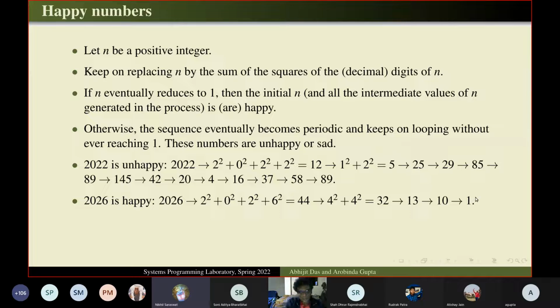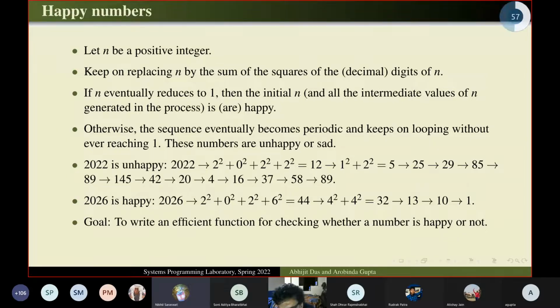So now what I want to do is write an efficient function for checking whether a number is happy or not. This is just a small toy example, but it will illustrate that something may go horribly wrong if you do not worry about performance analysis. And how do I check the performance?